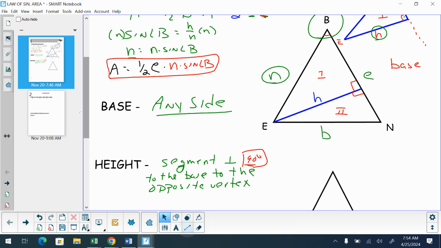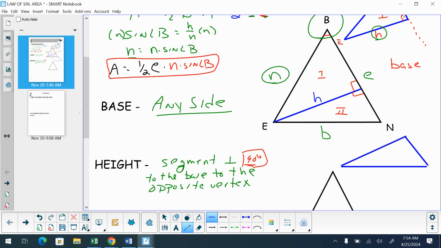Let's take a look at triangle number 2. Triangle number 2, we have our right angle there.